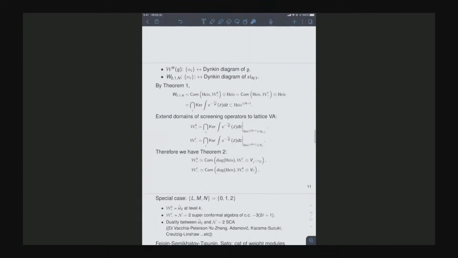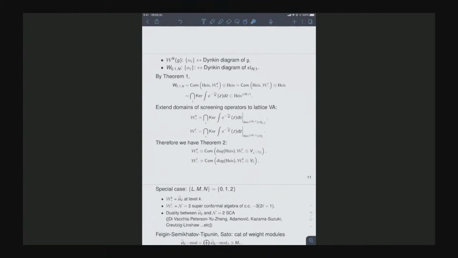So this means the difference between W_+ and W_- is the difference between the domains. So if you take W_- and tensor some lattice and take the rank 1 Heisenberg, it should give some change of lattice algebra in the domain of the screening operator, and then gives the isomorphism because they have the same screening kernel. And the opposite is the same; we need to use a different lattice vertex algebra. But anyway, this gives a proof of Theorem 2.